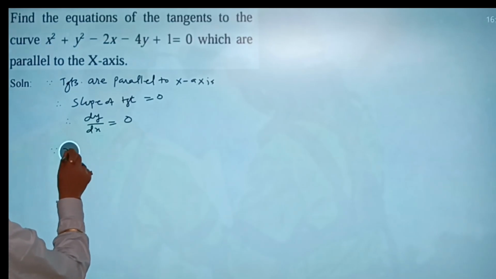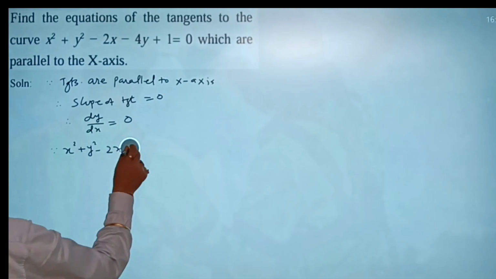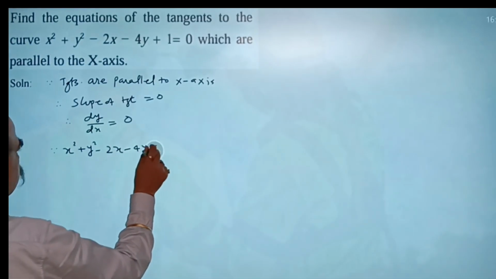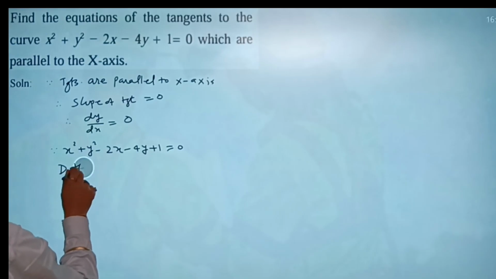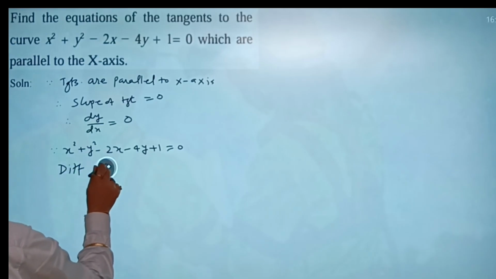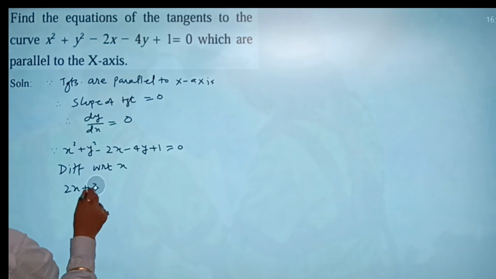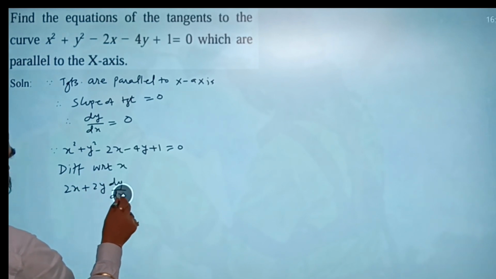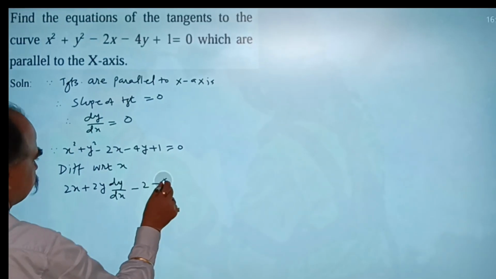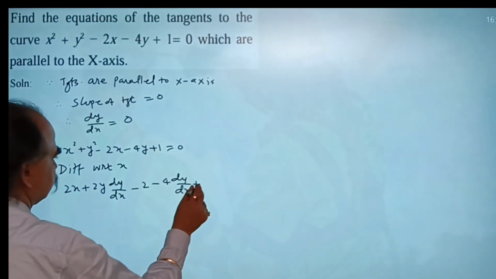Since x square plus y square minus 2x minus 4y plus 1 is equal to 0, differentiating with respect to x, we get 2x plus 2y dy by dx minus 2 minus 4 dy by dx plus 0 is equal to 0.